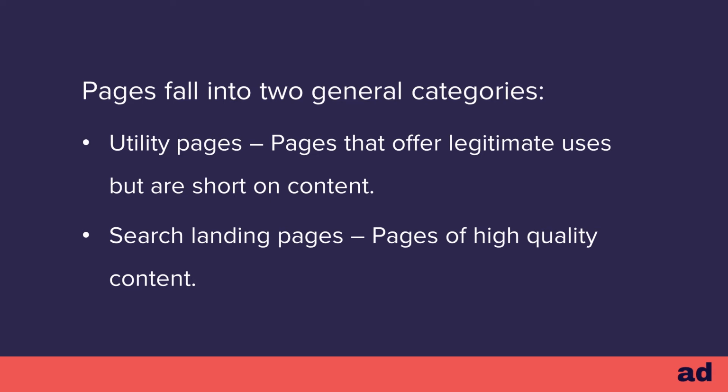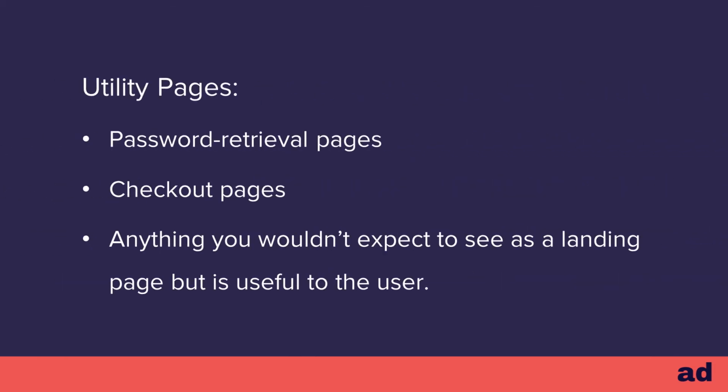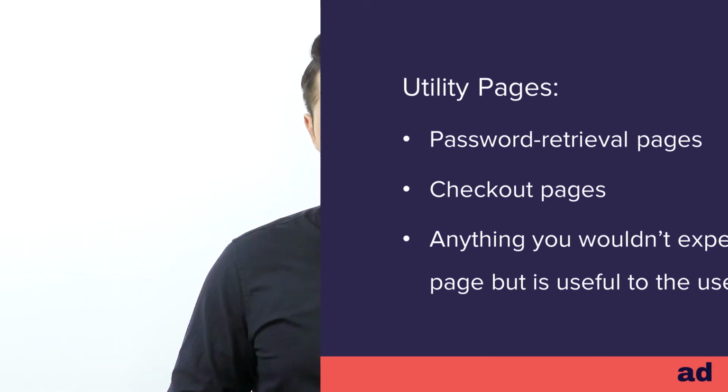Utility pages are simply those that do offer a useful and necessary service to the user, but don't have any real quality content on them. For example, password retrieval pages, checkout pages, which are necessary and offer value to users, but you wouldn't expect to see as a landing page on the SERPs, would count as a utility page.